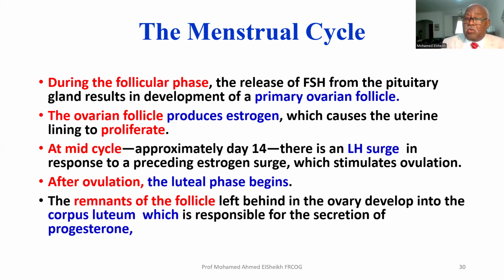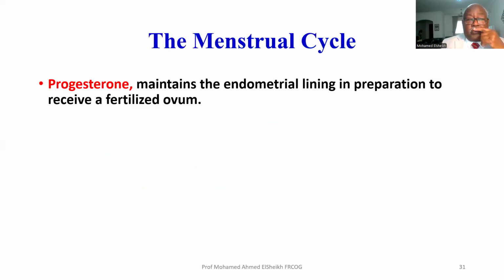The remnants of the follicle left behind in the ovary develop into the corpus luteum, which is responsible for the secretion of progesterone. Ovum being released, ovulation, what is left behind develops into corpus luteum, responsible for the production of progesterone.